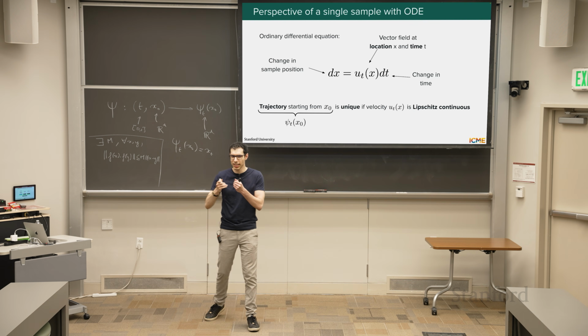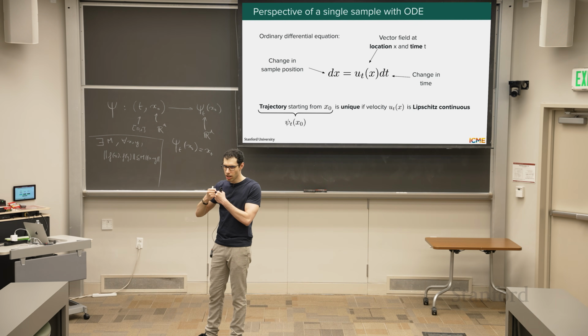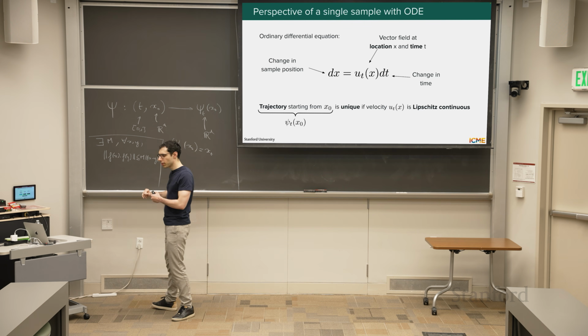So what this means is that f needs to be continuous, but also not vary in a very dramatic way. So this is the mathematical definition of Lipschitz continuity.